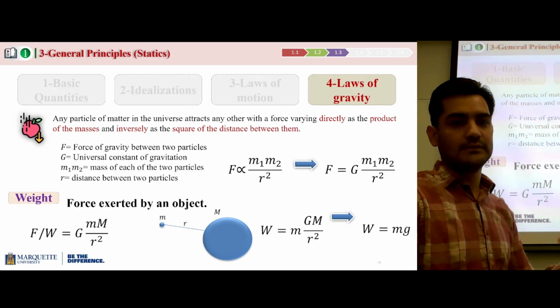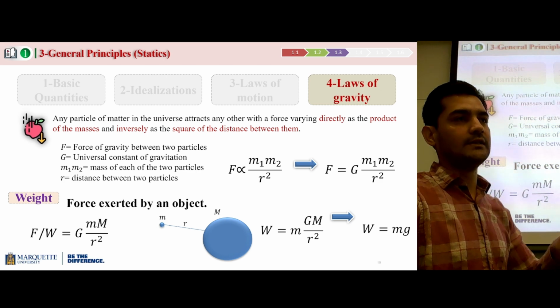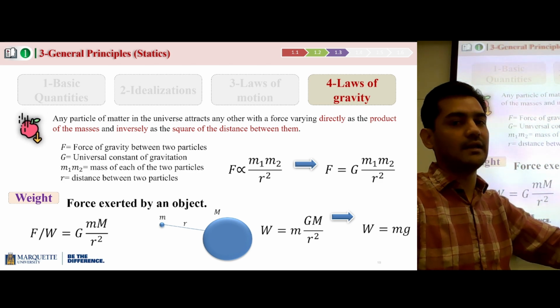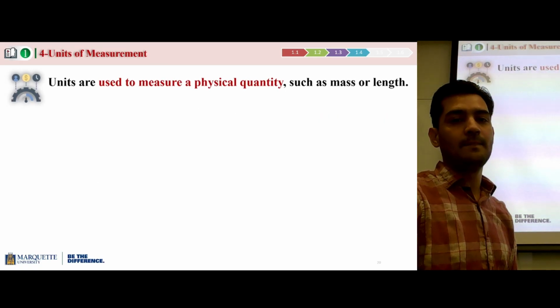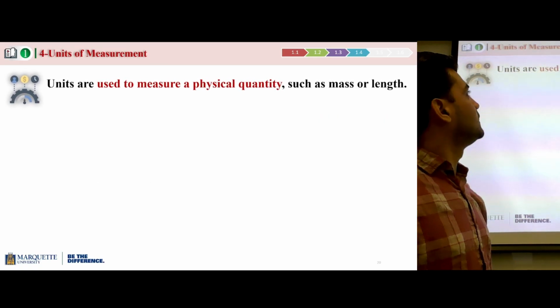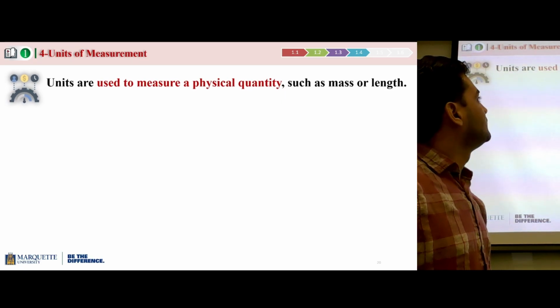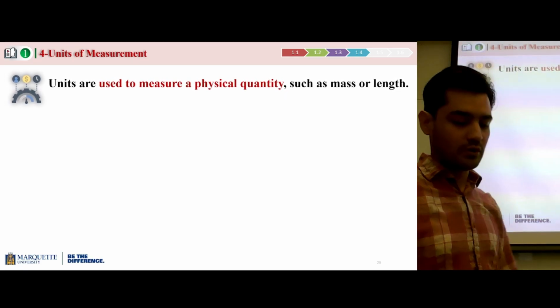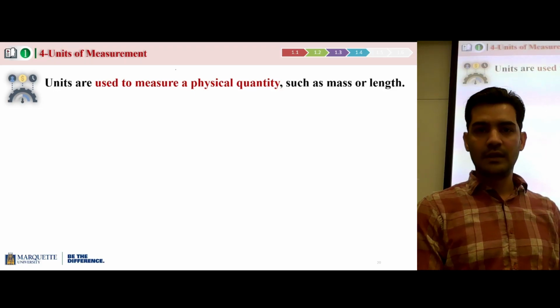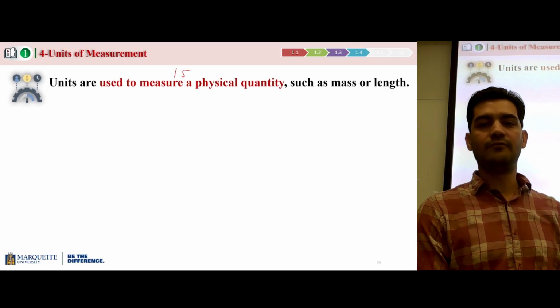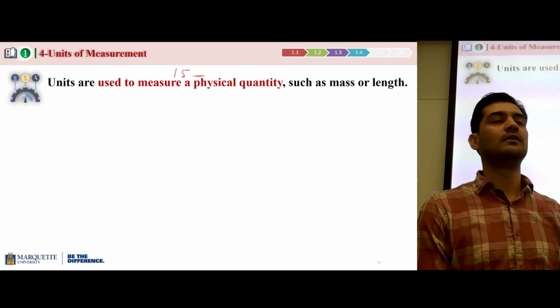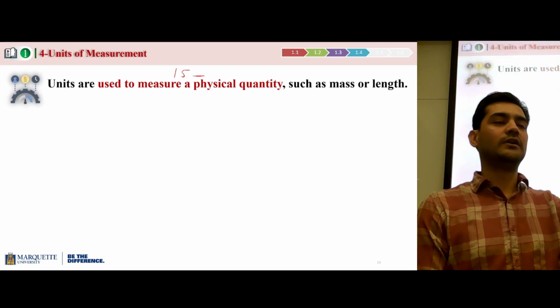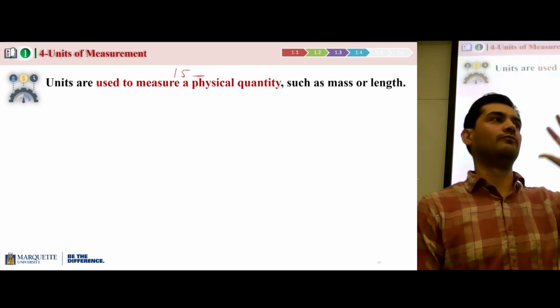So that's like four things, which is the foundation for statics, and it is also the foundation for mechanics of materials. So units are important because they give meaning to the physical quantity. For example, if I put this number 15, you know what 15 is, but you need something, called a unit, to figure out what it is.